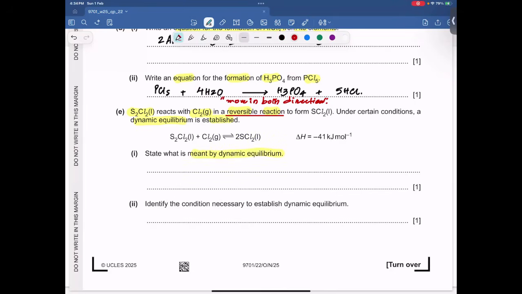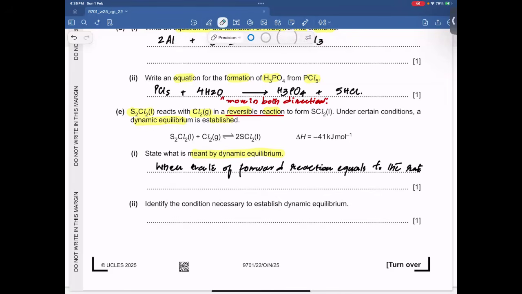When the rate of forward reaction equals the rate of backward reaction, then it is called dynamic equilibrium.